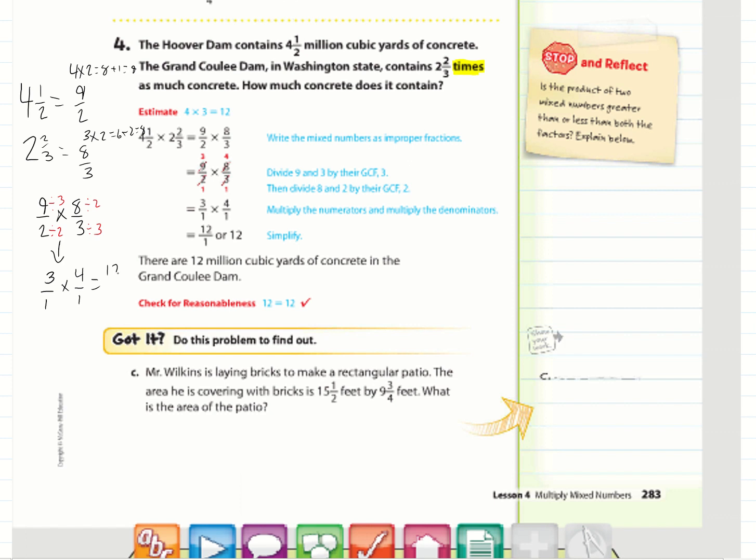So we get the final answer of 12 over 1, which equals 12. And just remember, we do use the butterfly method to know which ones to work with. I just don't like drawing the butterfly. It's because the work gets pretty crowded and it gets a little bit hard to read.